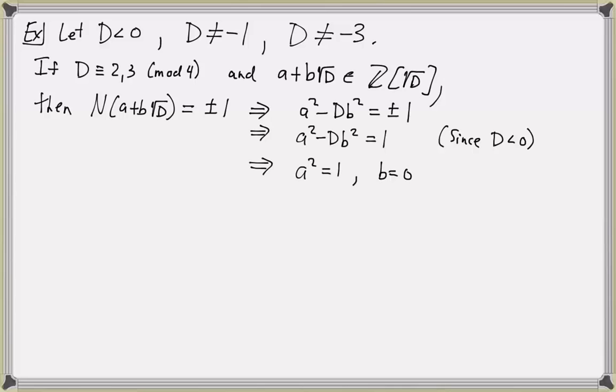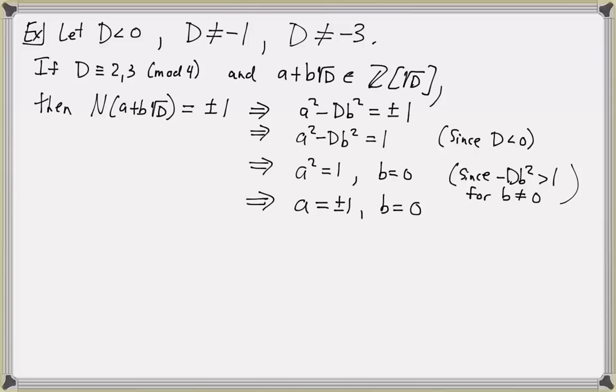Again, this is only possible since negative D b squared will be greater than 1 for b not equal to 0. So the only solution would be if a squared is 1 and b would be 0, and then this leads to a equals plus or minus 1 and b equals 0.